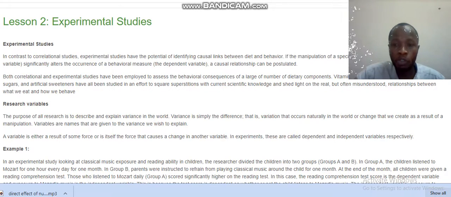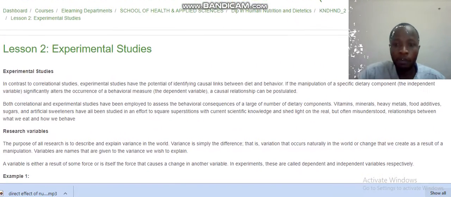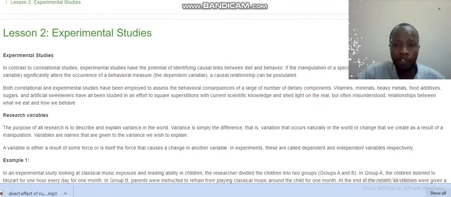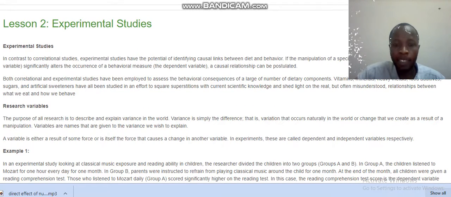If the manipulation of specific dietary components, that is the independent variable, for instance high sugar diet, significantly alters the occurrence of a behavior, that's the dependent variable, a causal relationship can be postulated.